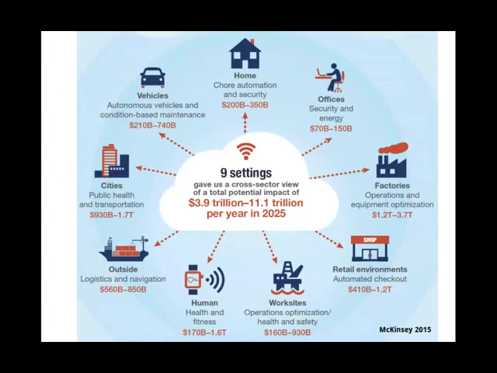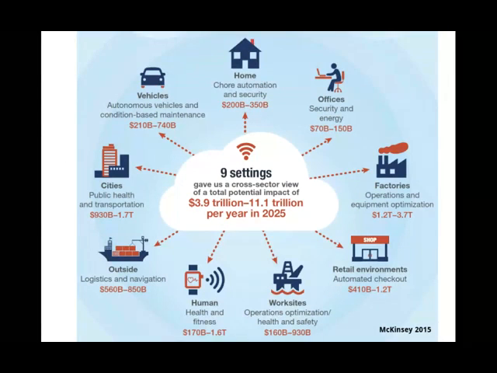This is a graphic I love from McKinsey, a 2015 report they came out with. They identify these 9 settings where the Internet of Things, IoT, is going to have an impact, and where it will going forward. Some of it is far from even happening yet.